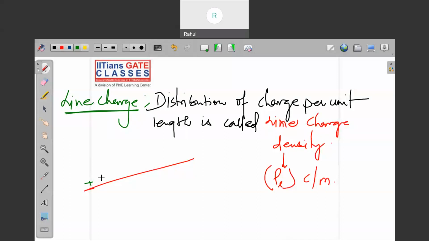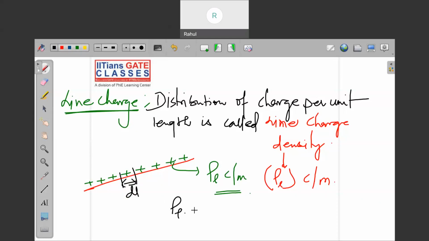If you want to find the total charge, you take some differential element, suppose dl. How much charge is distributed over this dl? It is rho L times dl, having the dimension of charge, so this gives you dq. So dq equals rho L times dl.